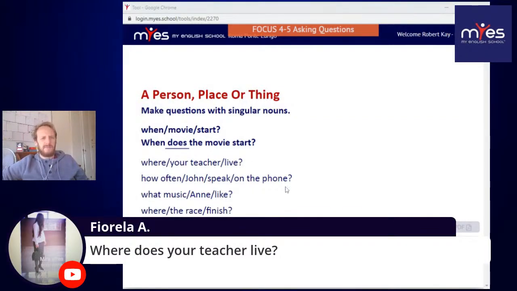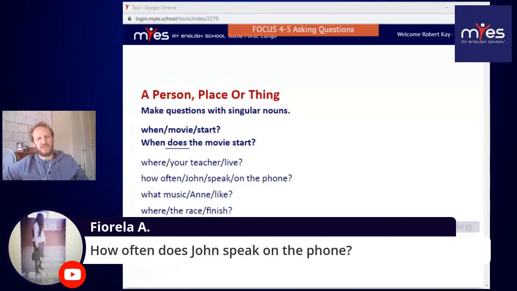So does is S, so live is the normal infinitive. No third person S for live. How often does John speak on the phone? Perfect, lovely.